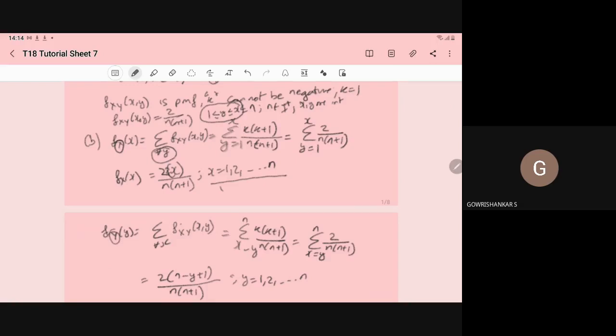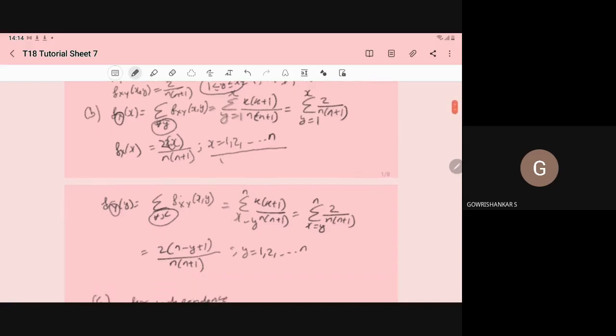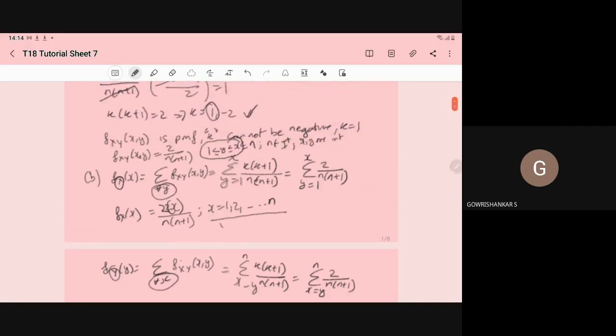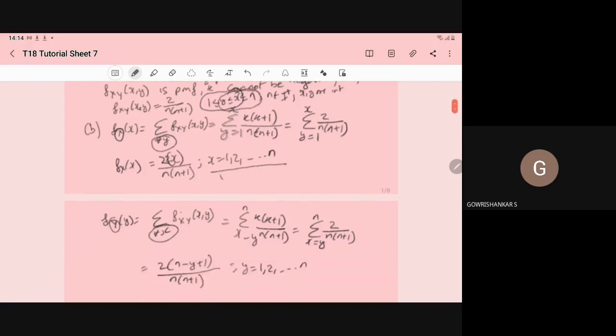here we take the summation over x of the joint PDF f(x,y), and f(x,y) is given to you as k into (k plus 1) upon n into (n plus 1). Here you can see the value of x varies from y to n.